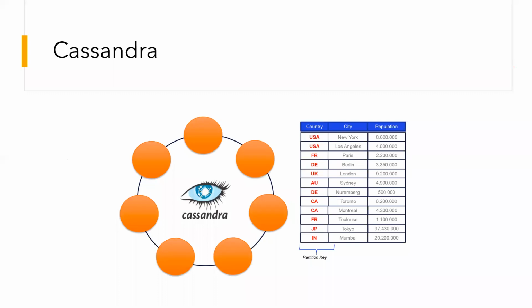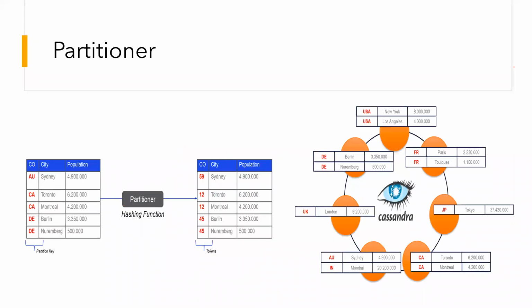How does this partition key work along with multiple nodes on Cassandra is what I'm trying to bring out here. The same data is passed through something called a partitioner, which is a hashing function that provides token values for that partition key.